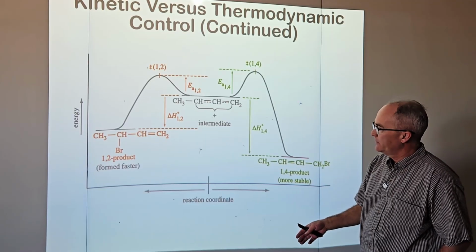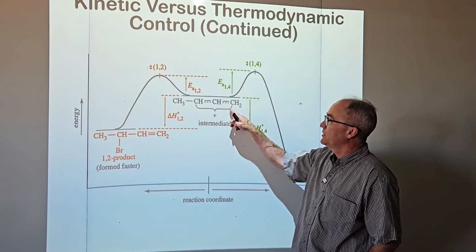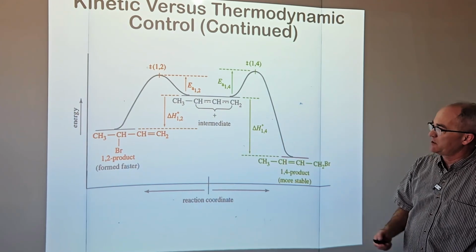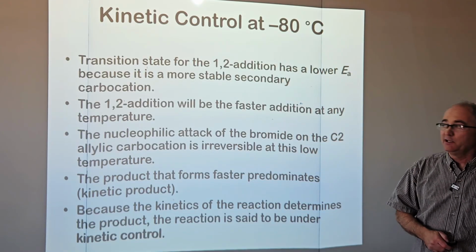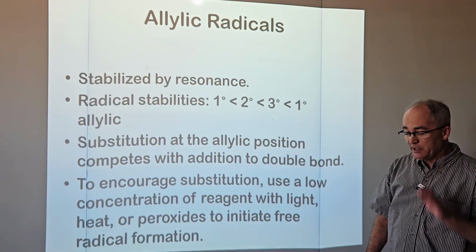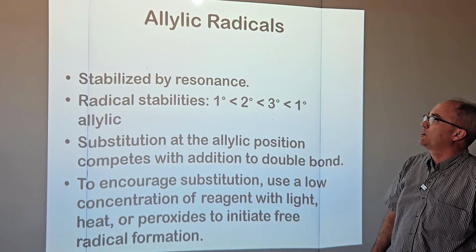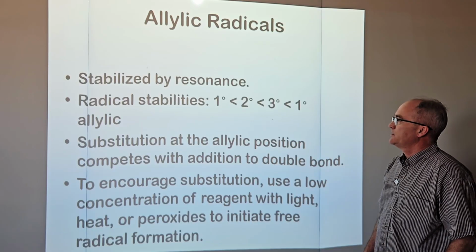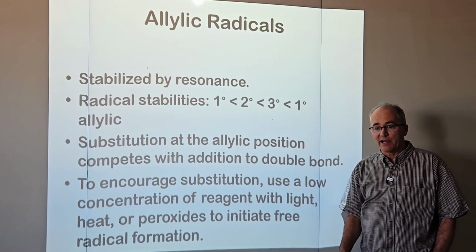Going back to that previous question, we've been doing 1,3-butadiene because it's the simplest to start out with, but then we can put any old conjugated diene through that addition. At the beginning of this section, we talked about the allylic carbocation and how it's stabilized. Now we're going to look at this thing called an allylic radical.